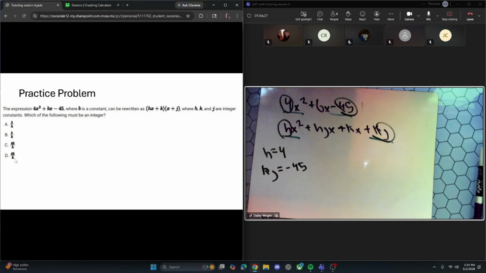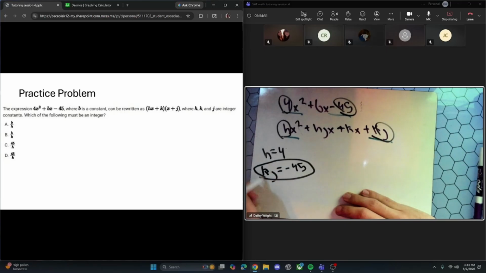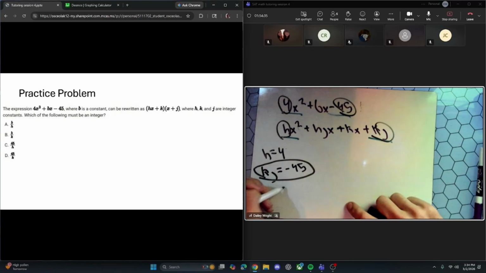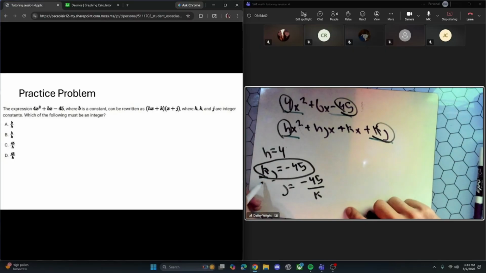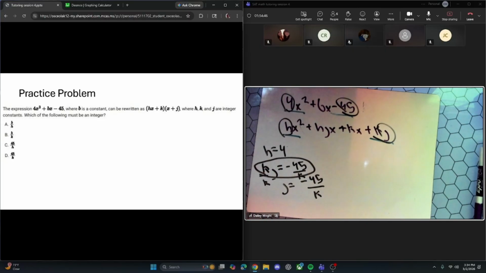45 over k, if we look back to this kj equals negative 45, j equals negative 45 over k, because if you divide by k on both sides, you get that j equals negative 45 over k. j and k are factors of 45.